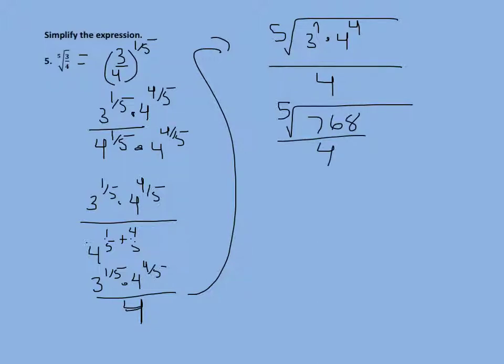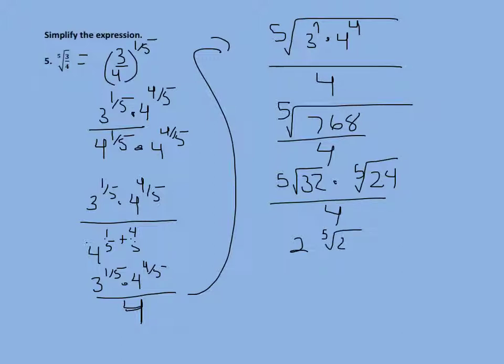Now, see if it's divisible by a fifth root. So what I would do is 2 to the 5th power. That's 32. Can I do 768 divided by 32? Yes. So I can change this to fifth root of 32 times fifth root of 24 over 4. Well, the fifth root of 32 is 2.